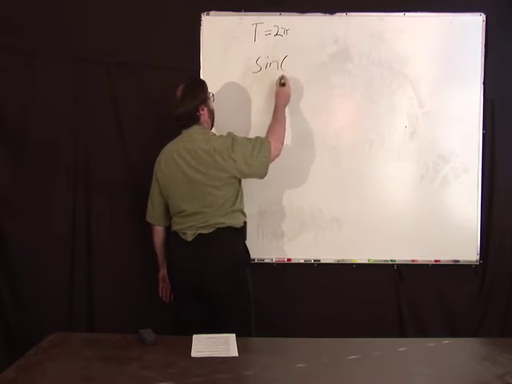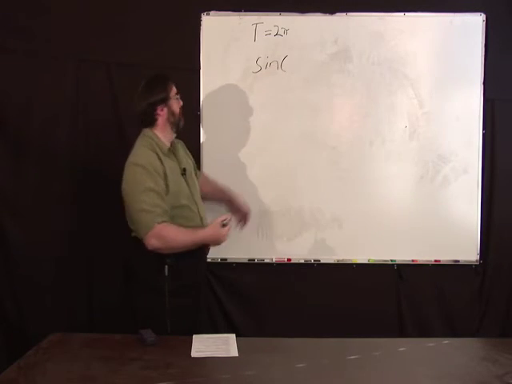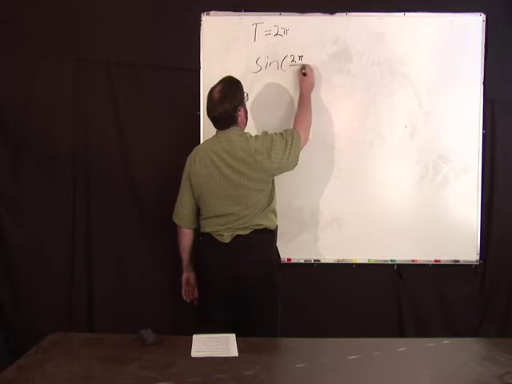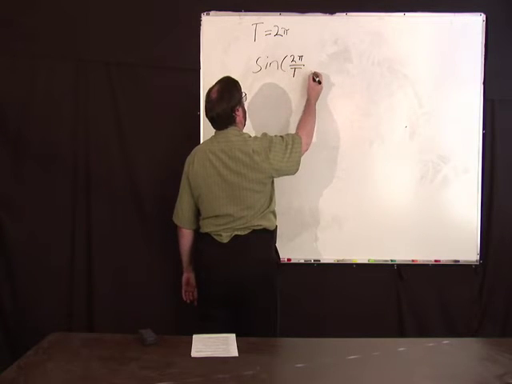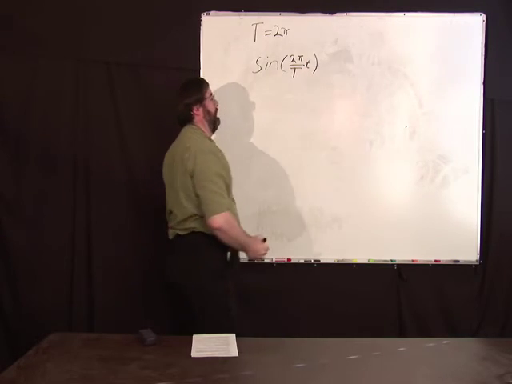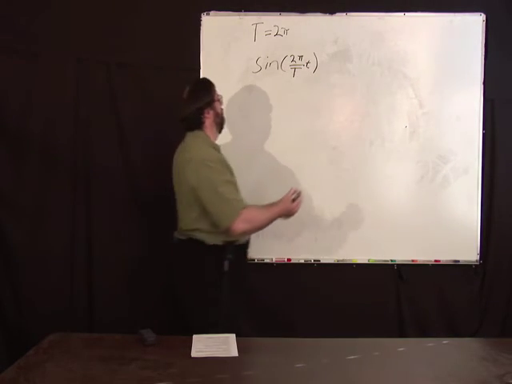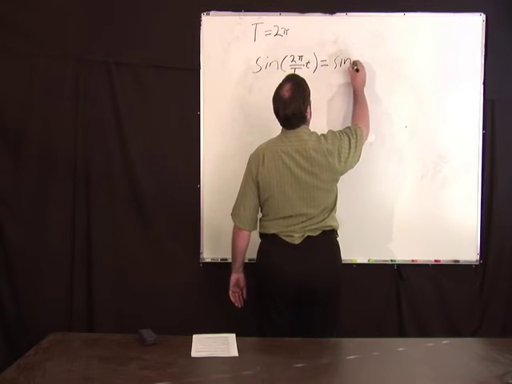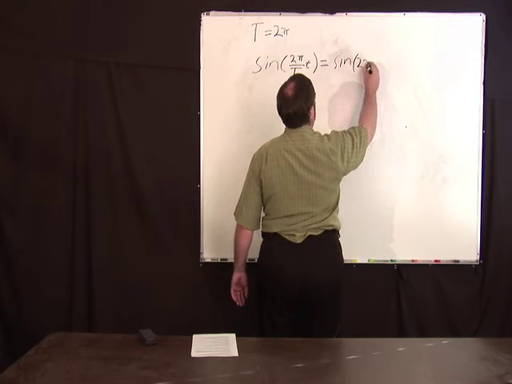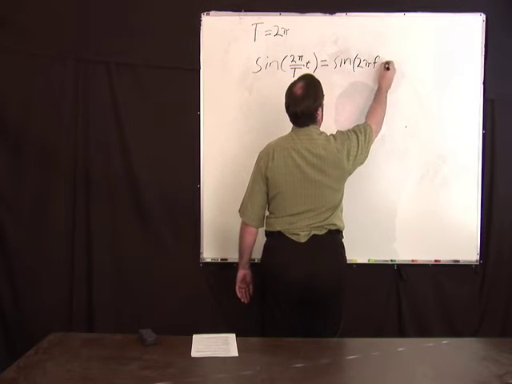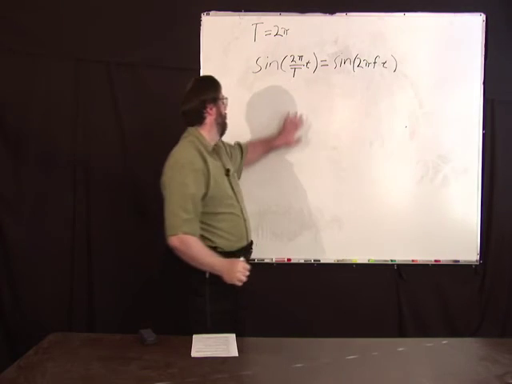Sine or cosine or e to the i 2 pi over the period, times the time in the case of time. Or you can use sine of 2 pi times the frequency, f, times t.